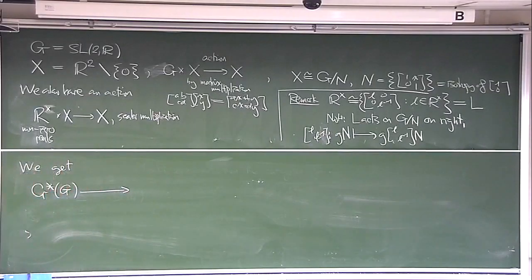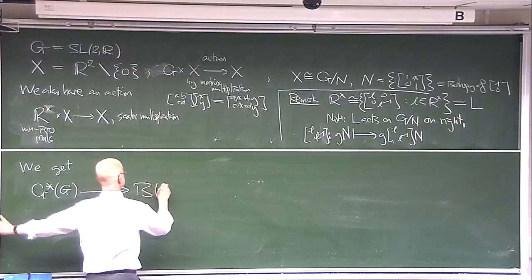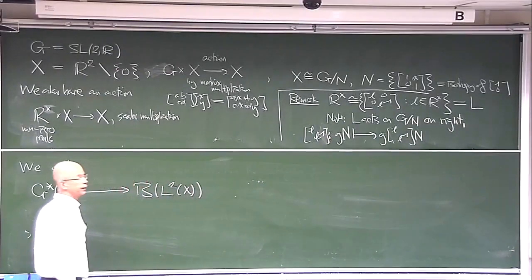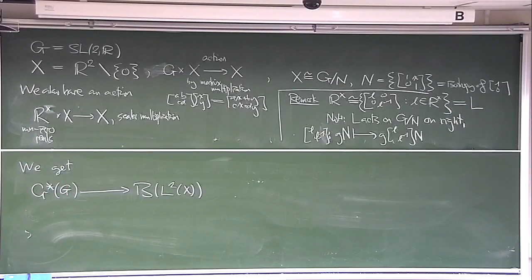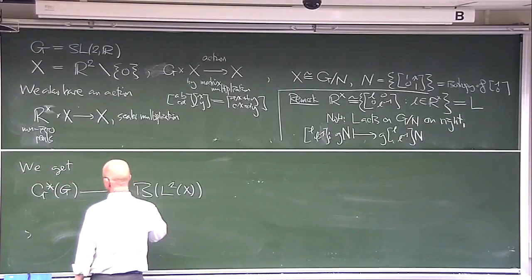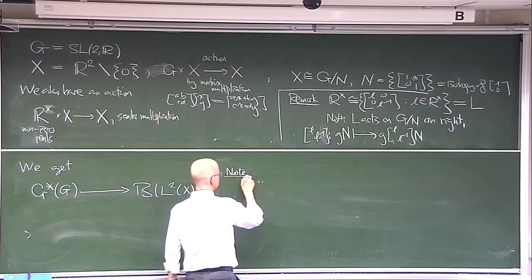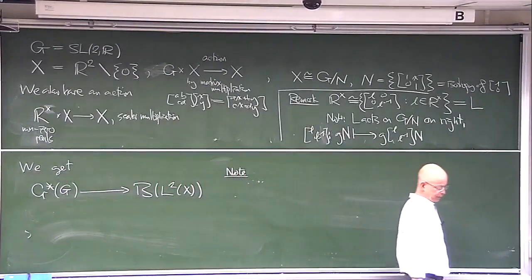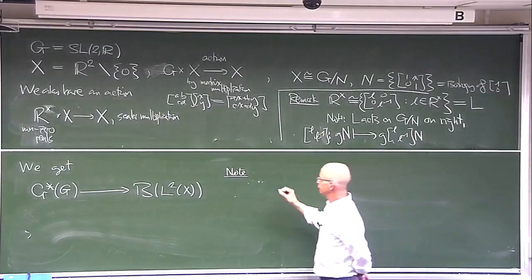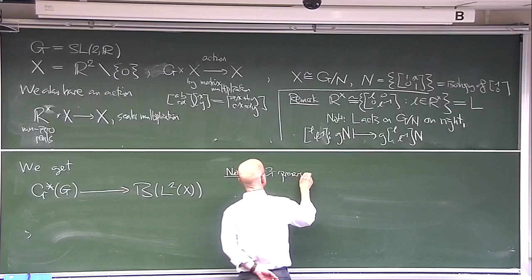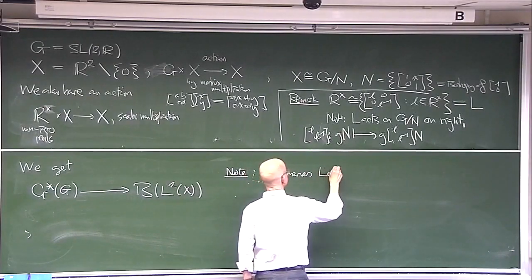So we built a representation of G as bounded operators on L2 of X through this group action. Actually, there are a couple of small points to worry about here. The first is very elementary, that G preserves Lebesgue measure.